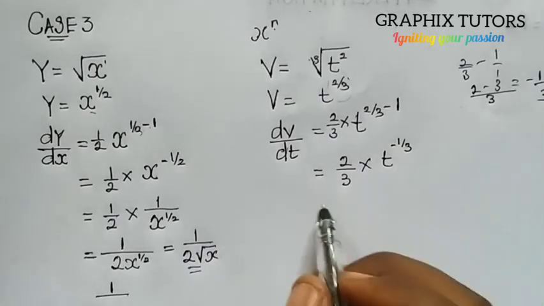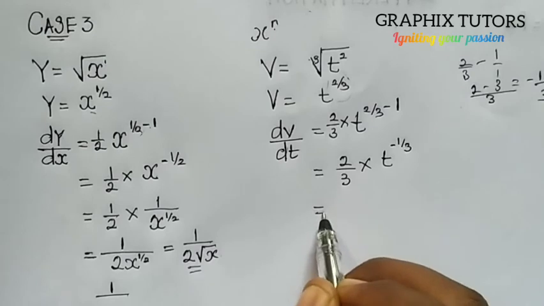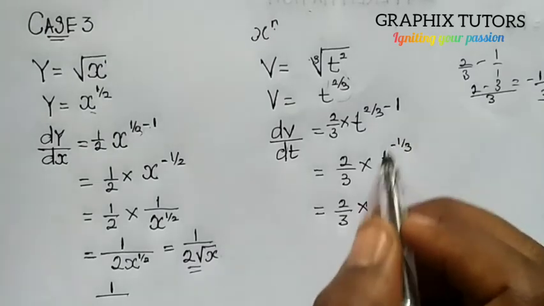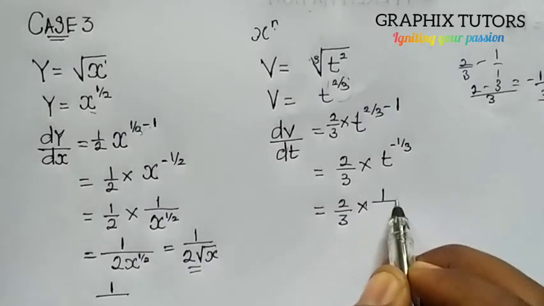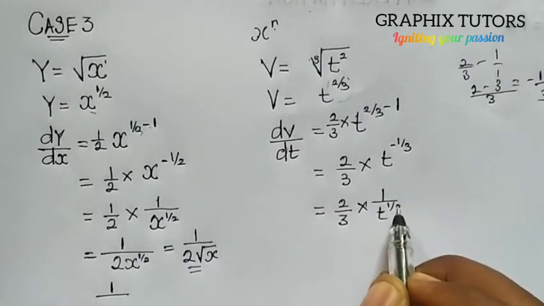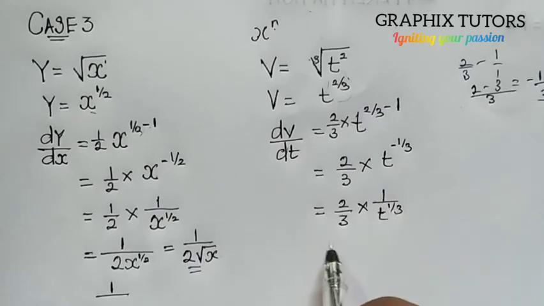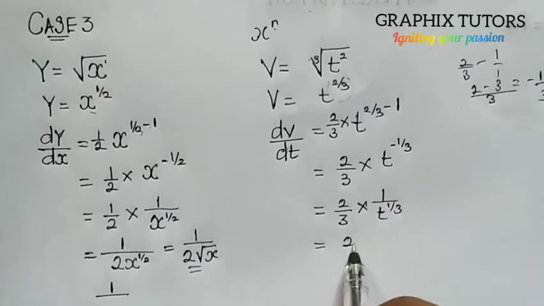Now, if you want to put this very well, this will be like saying 2 over 3 multiplied by, if I change this to the inverse, 1 over t to the power of 1 over 3, once I want to remove the minus sign. So from here, 2 times 1 is 2, then 3 times t to the power of 1 over 3.